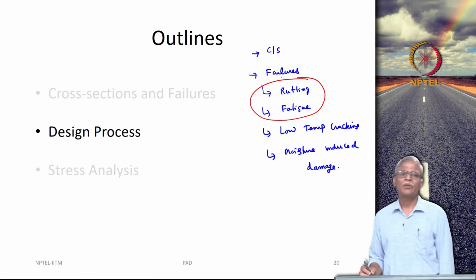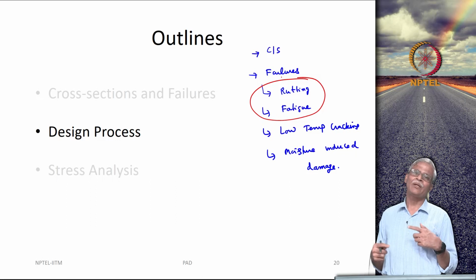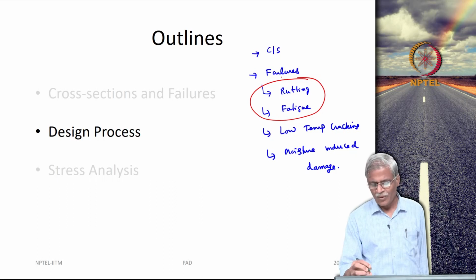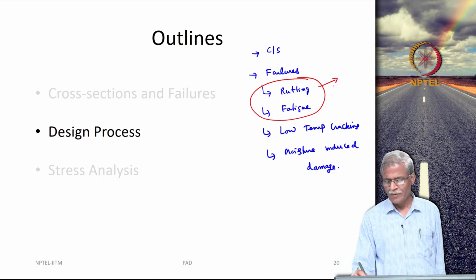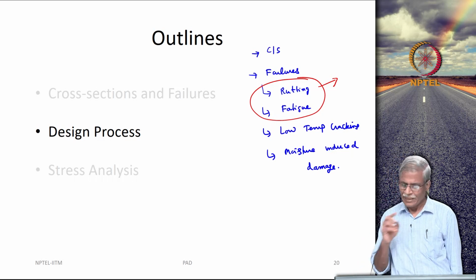But normally when we talk about the failure in bituminous pavement, especially relating it to the cross section, we will be focusing our attention on rutting and fatigue.